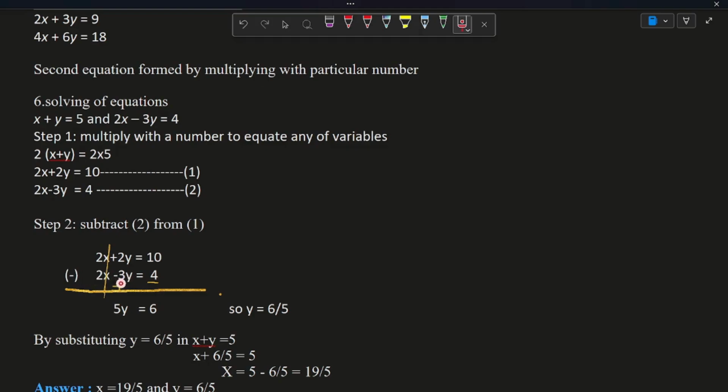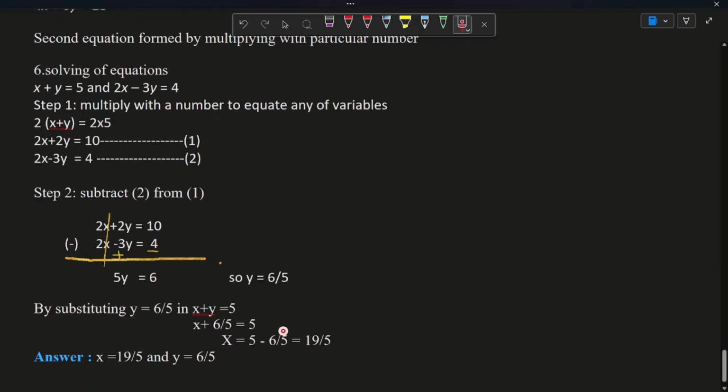Minus into minus becomes plus, so I am keeping a plus here. So 2y plus 3y became 5y, and 10 minus 4, because minus into plus becomes minus, so I kept the minus here. 10 minus 4 is 6. So 5y equal to 6 means y equal to 6 by 5.